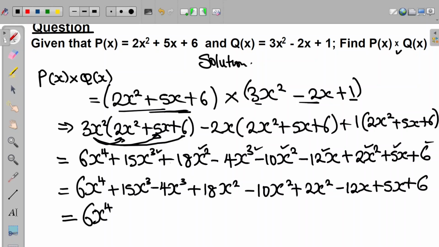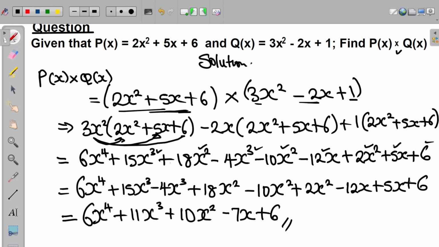So with further simplification, we have 6x to the power of 4. Now, 15x cubed minus 4x cubed is giving us plus 11x cubed. Now, 18x squared minus 10x squared is giving us 8x squared. 8x squared plus 2x squared is giving us plus 10x squared. Minus 12x plus 5x is giving us minus 7x plus 6.